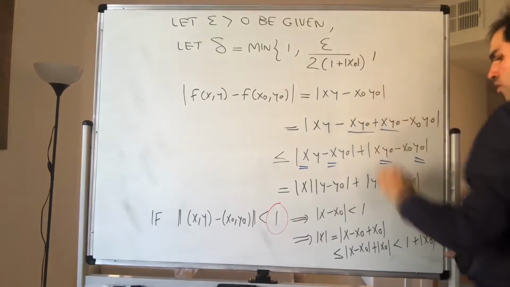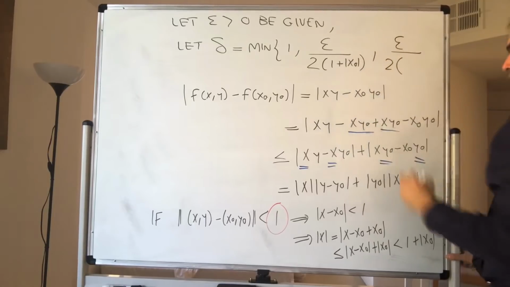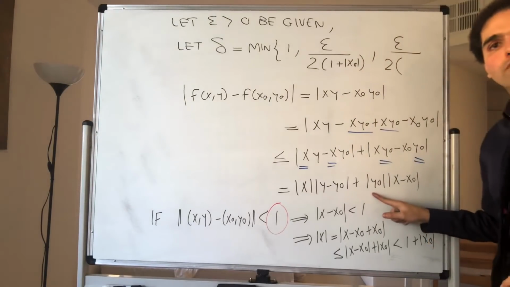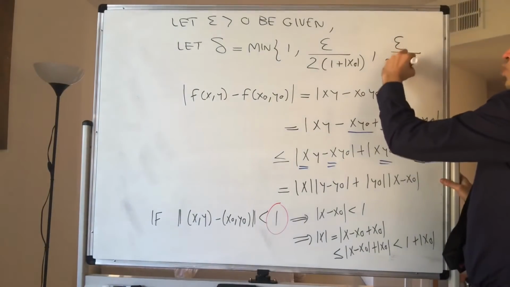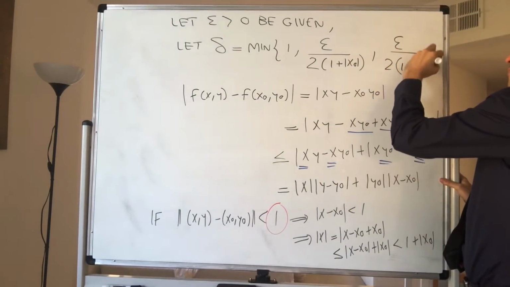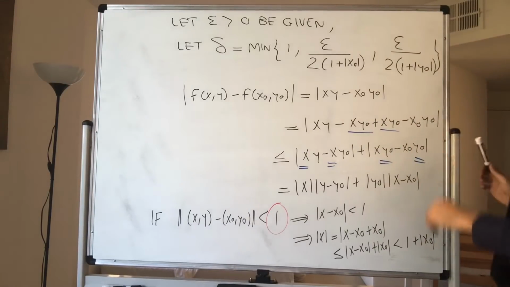And also with this term, epsilon over 2 times, well, usually we want to put the absolute value of y₀, but it might be 0. So just to make sure, let's add a 1 here. Okay, so this is our delta, quite complicated.